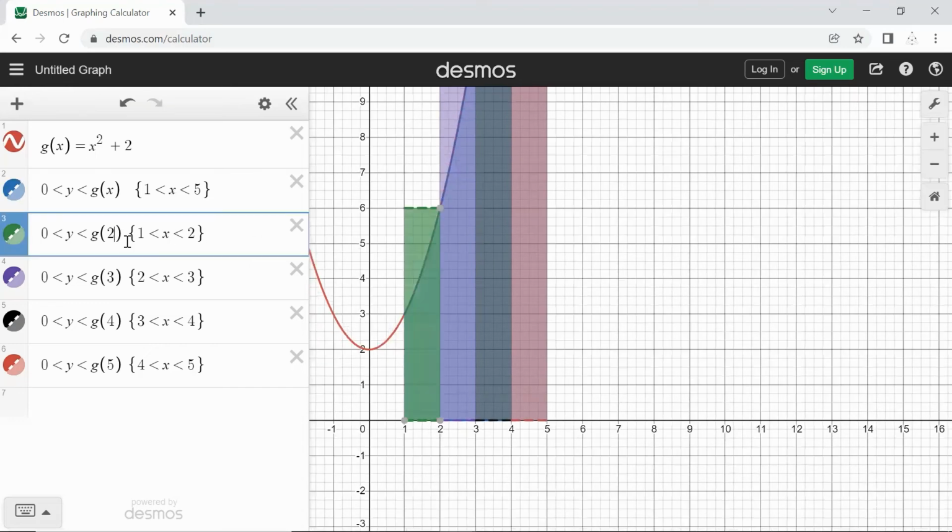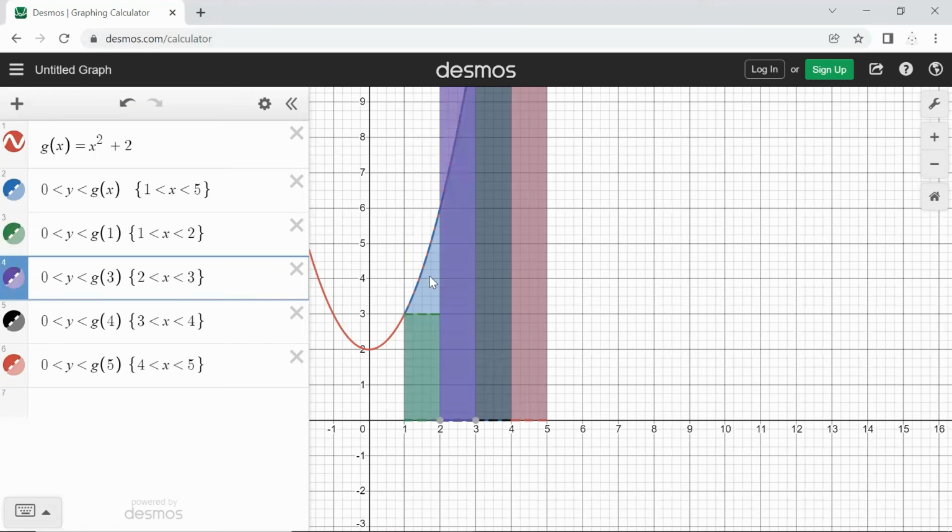If you used the left-hand rule, that green rectangle would be determined by the height of the function when x is equal to 1. So the green rectangle would change into this. The purple rectangle would be determined by the height of the function at x equals 2.